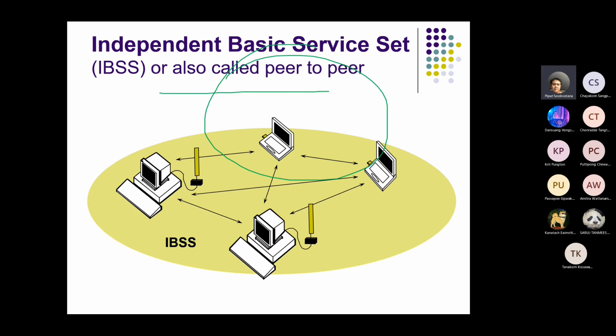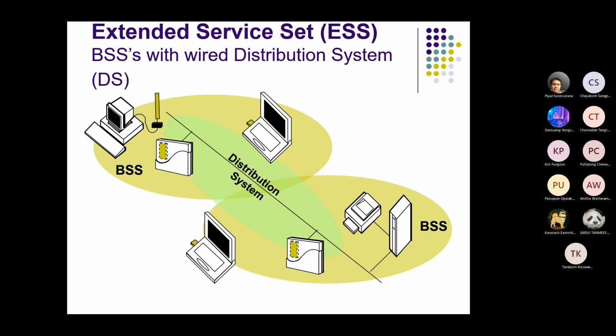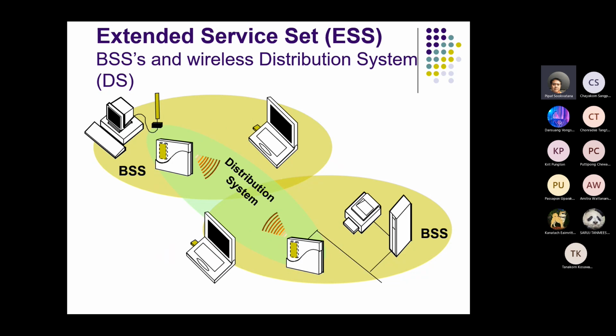This is peer-to-peer mode. We can connect using landline, or using the one that I showed you. We can use a CPE link between two buildings, and that can be the Extended Service Set as well.